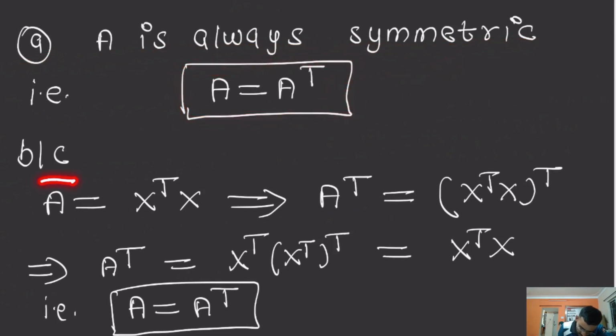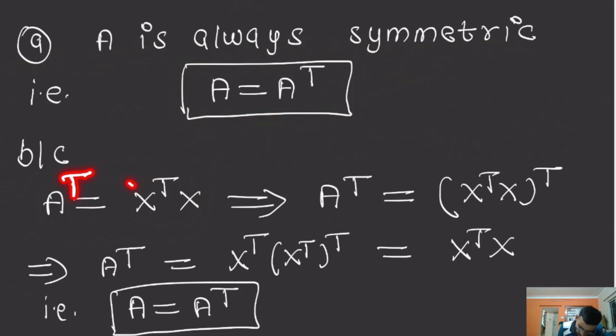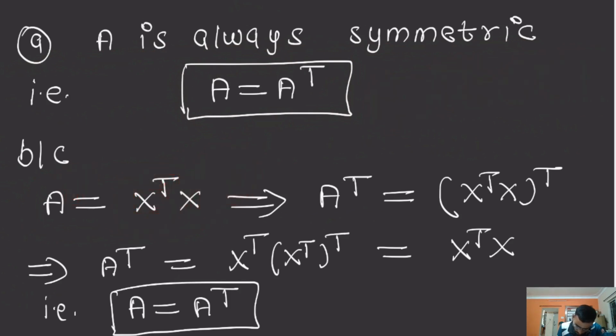Because let's say A is equal to X transpose X. If we take A transpose, we can write it as (X transpose X) transpose, and we know that (AB) transpose is nothing but B transpose A transpose. So this will become X transpose into (X transpose) transpose. We know that the transpose of a transpose will become X only. So this will become X transpose X, which is nothing but A.